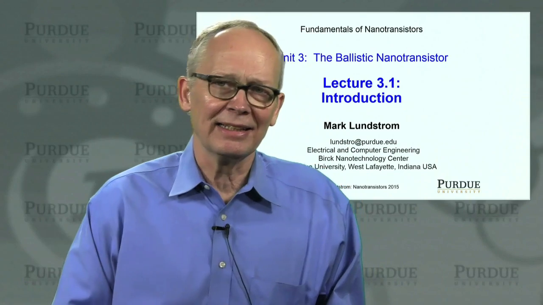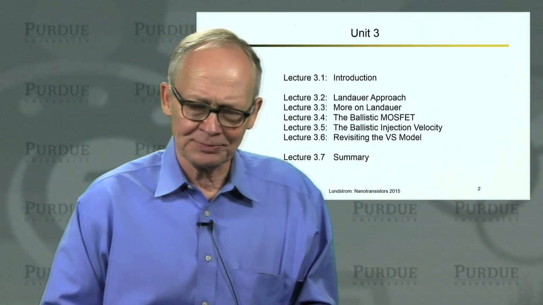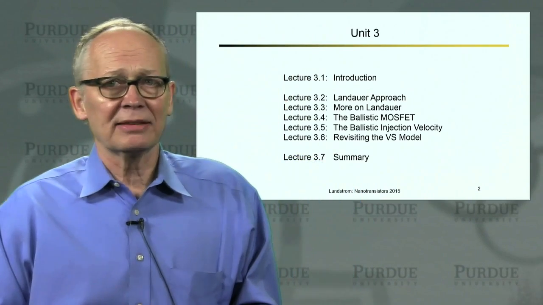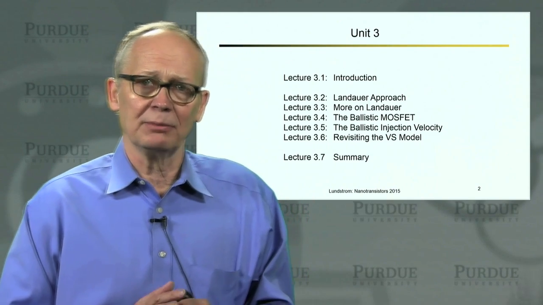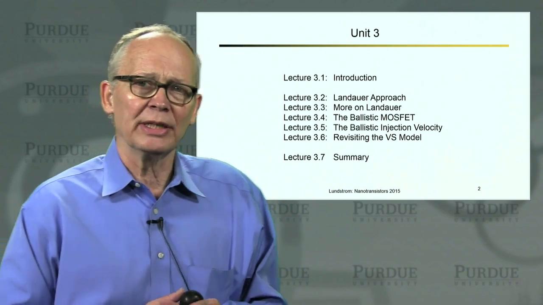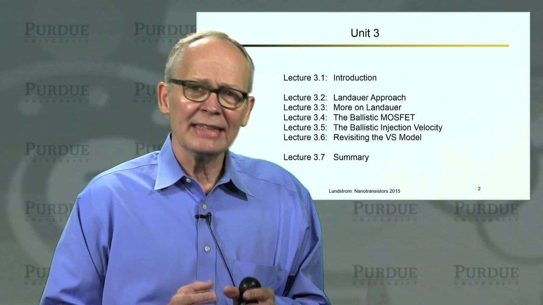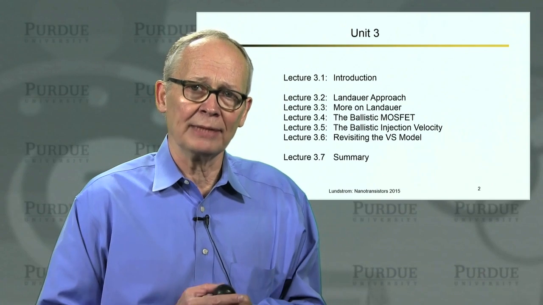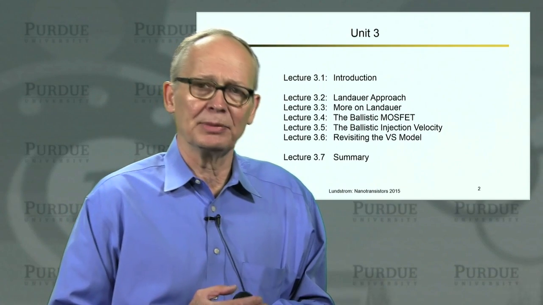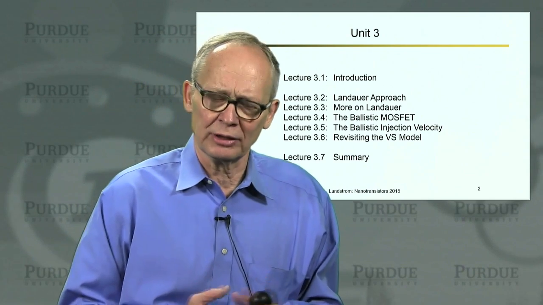So we're really beginning the really unique part of this course. There are a number of topics that we're going to discuss. In Unit 3, we will focus on the ballistic MOSFET. And what I want to do in this introduction is derive the IV characteristics of the ballistic MOSFET in a very simple way, sort of based on an approach that has been used in semiconductor physics for a long time.